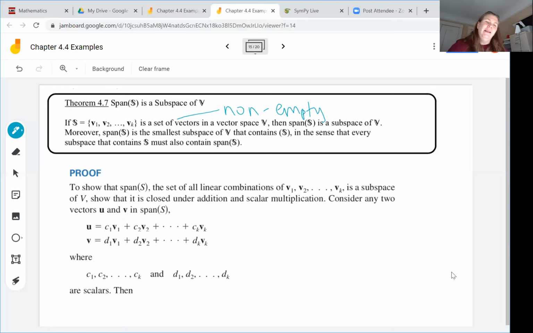So we're going to take two vectors u and v that are in the span of S, and they can both be written as linear combinations of the vectors v1 through vk. For vector u here, we're using c's for the coefficients, and for vector v, we're using d's for the coefficients, or you can call them scalars. So c1 through ck and d1 through dk are scalars.